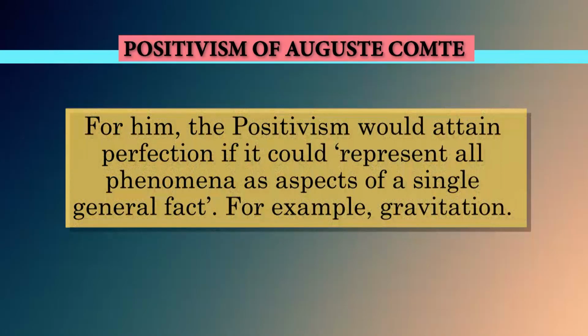For him, positivism would attain perfection if it could represent all phenomena as aspects of a single general fact. For example, gravitation. Gravitation is the reason for every object falling towards the center of the earth. Indiscriminate to all objects, this concept of gravitation could be applied to all objects.